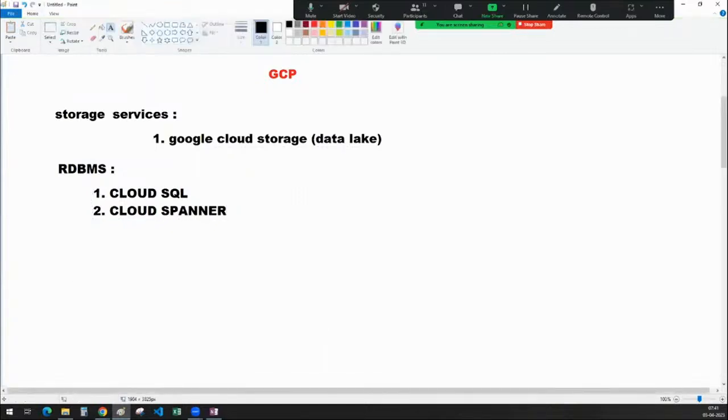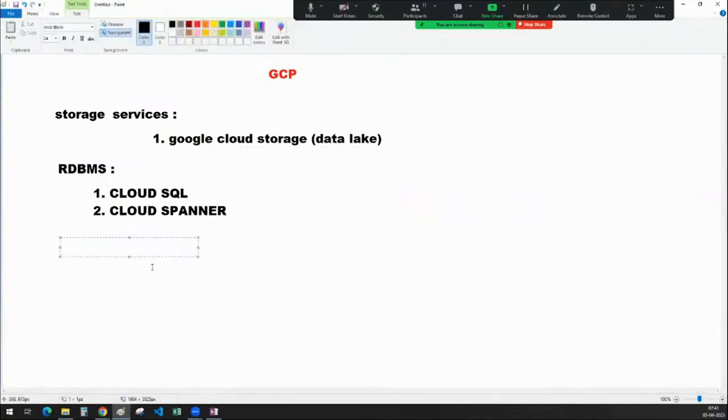What about NoSQL databases, guys? If you ask me, in NoSQL databases, we have Bigtable, and we have one more thing called Datastore.